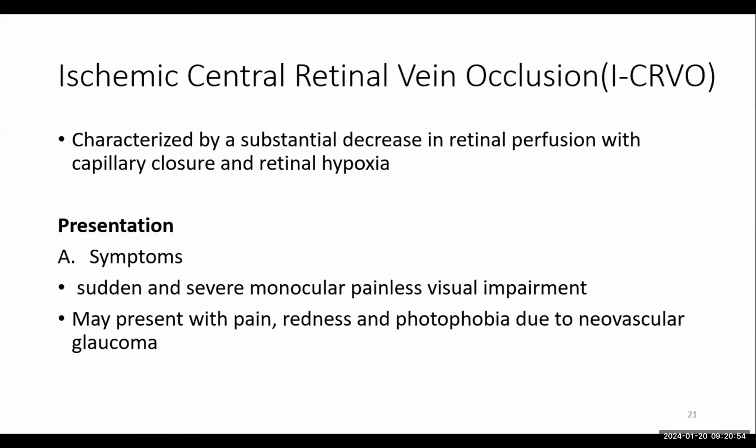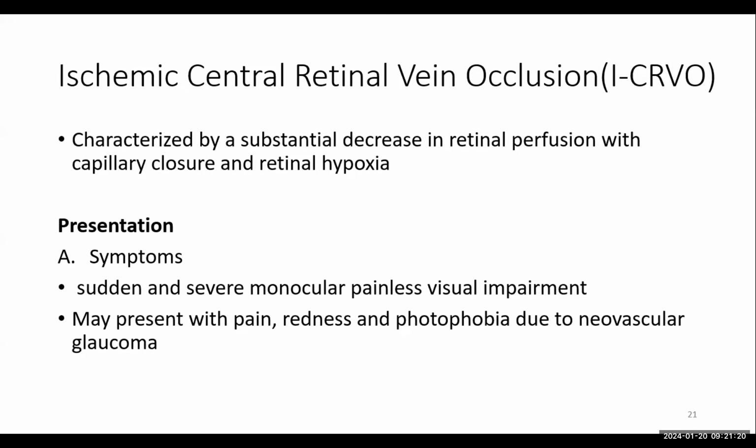Ischemic central retinal vein occlusion is characterized by a substantial decrease in retinal perfusion with capillary closure and retinal hypoxia, so there is significant hypoxia in this type of condition. It usually presents with sudden severe monocular painless visual loss.